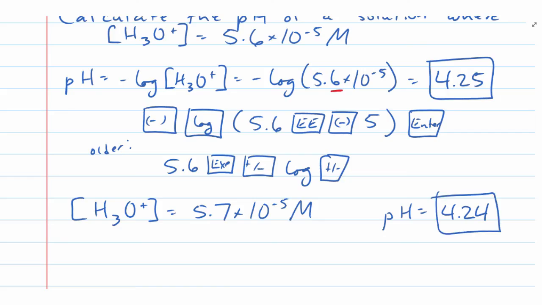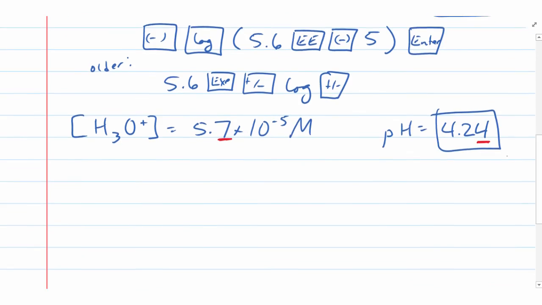Now that means that changing this digit right here changes this digit here. And the reason why that's important is because if we go back to, probably day 2, we had a definition for significant figures, and we said that significant figures are all of the certain digits plus one uncertain digit, and this here is that uncertain digit that we're getting from that calculation.